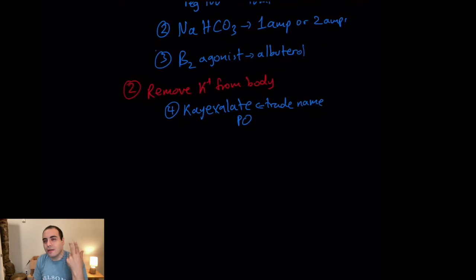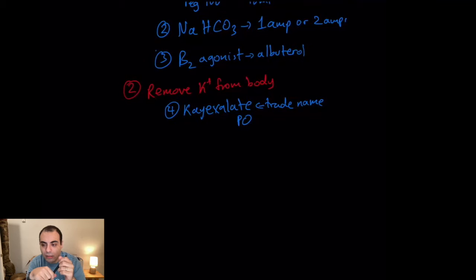If I give something in the GI tract and it's chelating the potassium there, how is that helping you? By chelating the potassium in the GI tract, it will cause a hypokalemic environment in the lumen of the GI tract, and that will promote essentially excretion of potassium into the lumen.